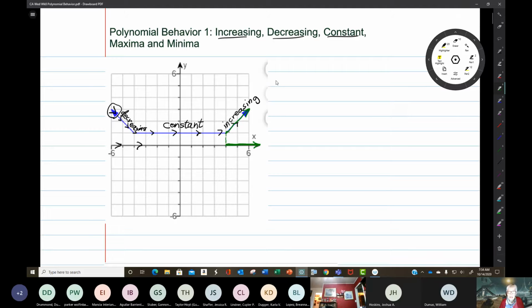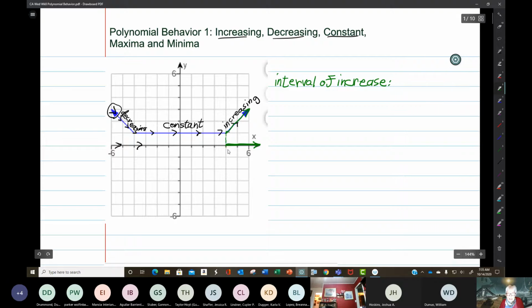Okay, the interval of increase is read on the x-axis. Interval of increase is, if you were to say all of the words, what is the interval on the x-axis where the graph is going up?